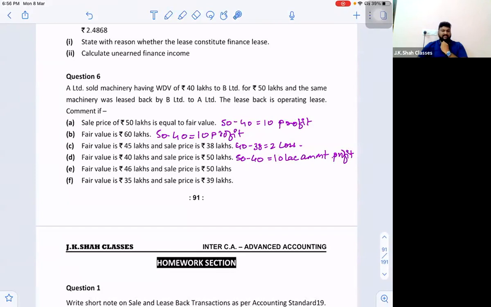When fair value is 46 lakh and sale price is 50 lakhs, comma, the profit rupees 6 lakhs, that is difference of fair value and WDV, should be immediately recorded in the books.